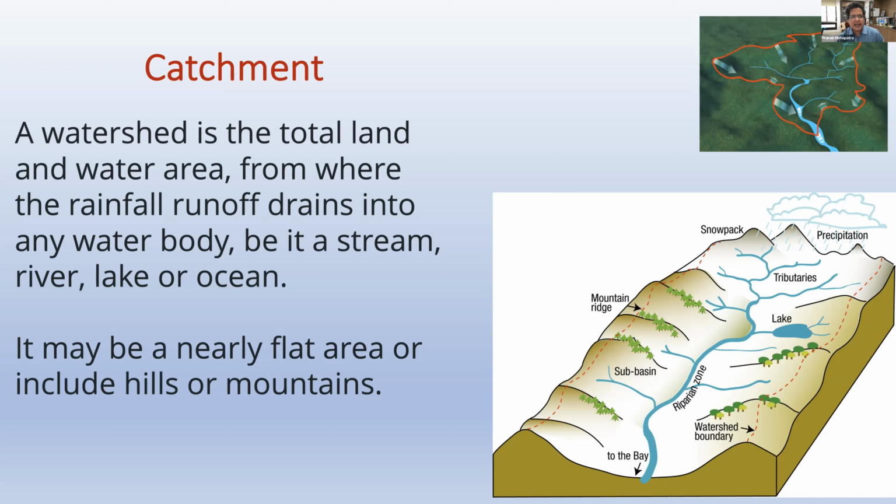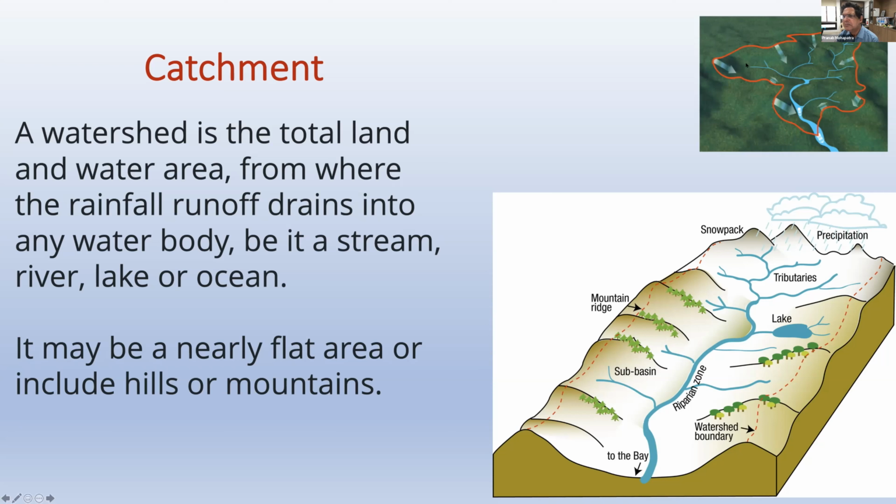If I am considering, for example, a city or my campus, and there are 5 different exit points where water goes out, then if I consider the campus boundary to be the catchment, there is a problem. Because when I define the catchment, the outlet has to be just one point.